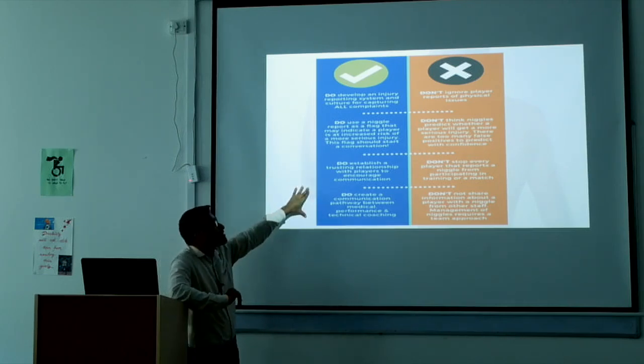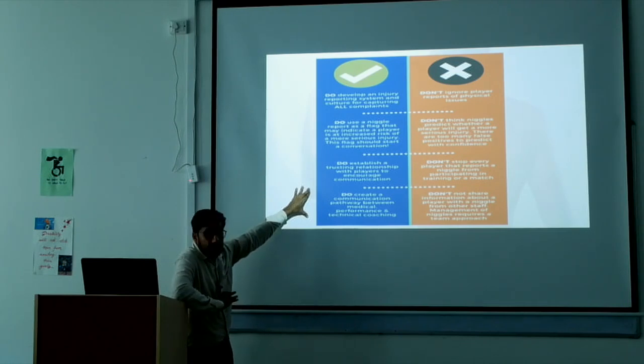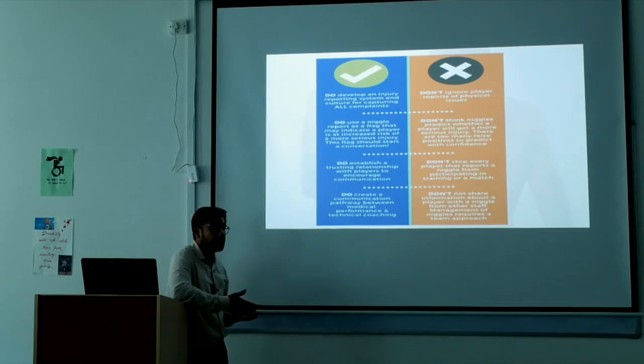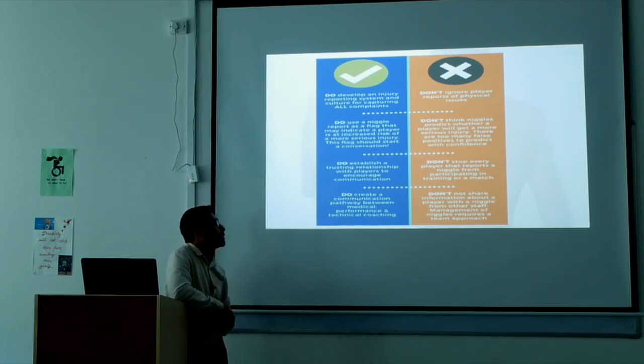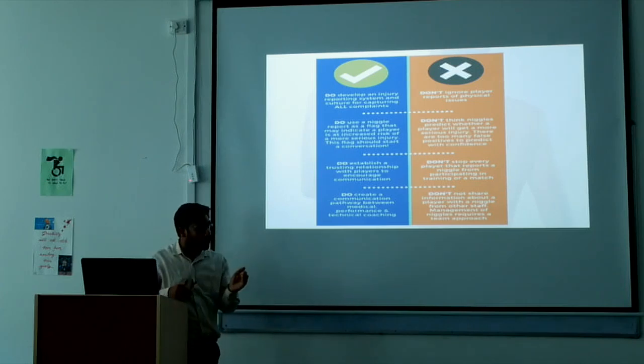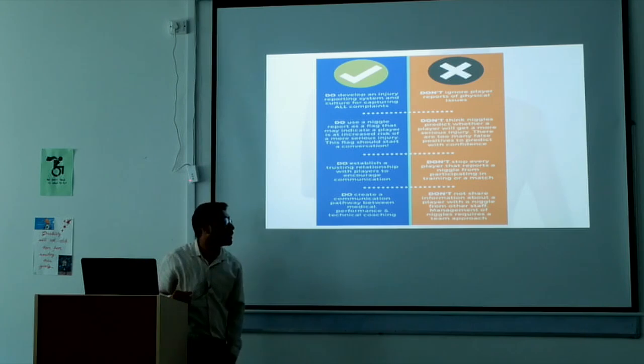Now, do establish a trust relationship between the players and encourage them to communicate. Let the person know, educate them, so they can report the problem to you. And do create a communication pathway between the medical, performance and technical coaching team, so that the player goes through a proper channel. He knows how to report and who to report to.